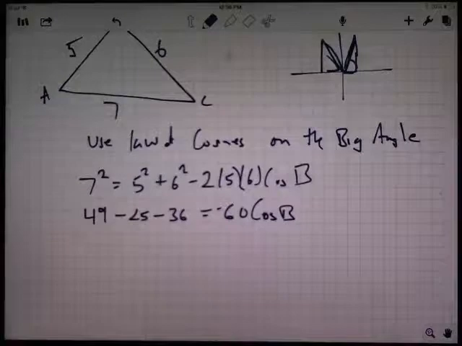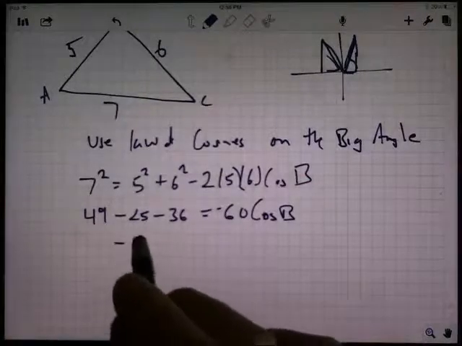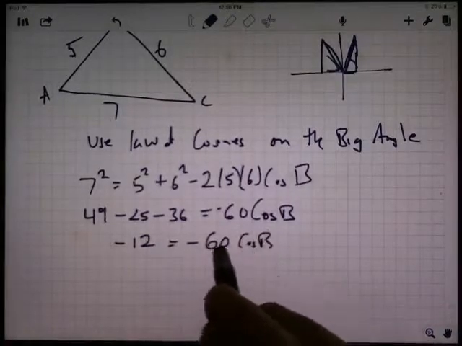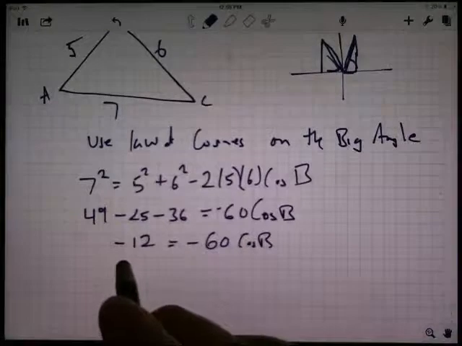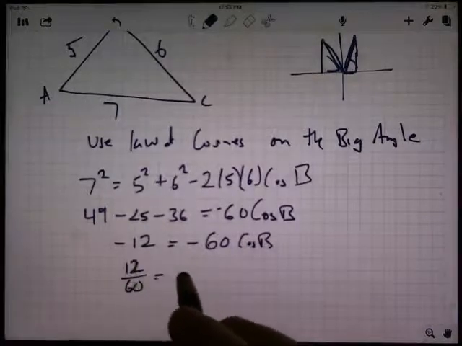All of a sudden I'm feeling lazy, so I'm going to do it in my calculator. 49 minus 25 minus 36. So the stuff on that side is negative 12. And this is negative 60 cos B. So when I divide both sides by negative 60, this is positive 12 over 60 equals cosine B.